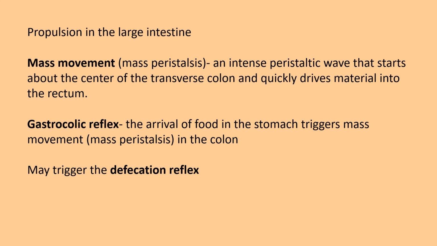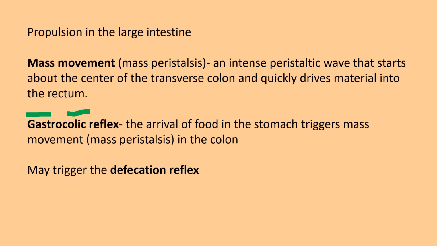So the gastrocolic reflex is a reflex, meaning there's a particular stimulus and it gives rise to a particular response. So gastro means stomach, colic means colon. And so the stimulus occurs in the stomach when more food arrives in the stomach.